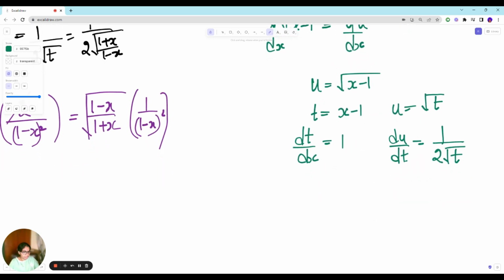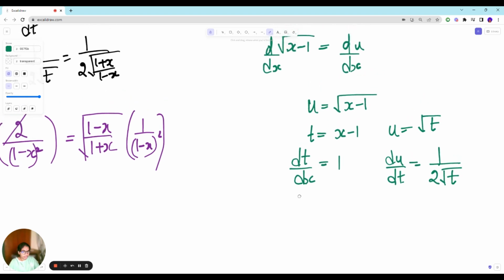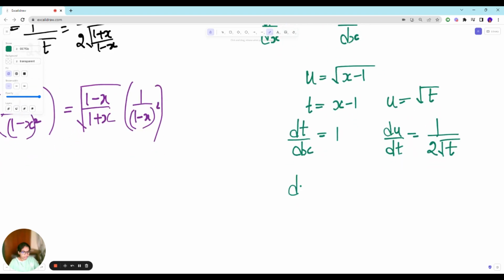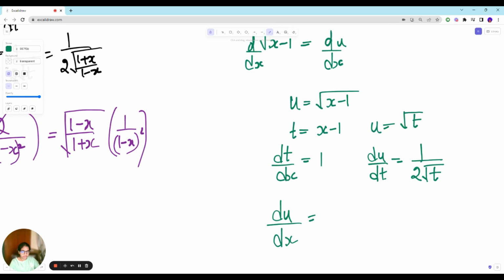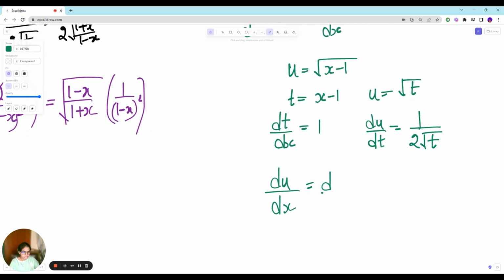What is the final step in the chain rule? I would have to find du by dx, right? Because I took this term as u, correct? So let me write that down. d by dx of square root of x minus 1 is equal to du by dt into dt by dx.